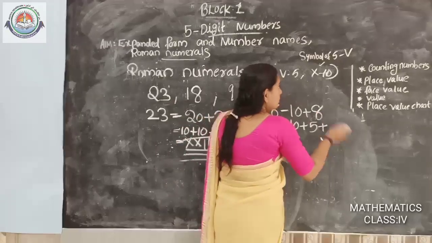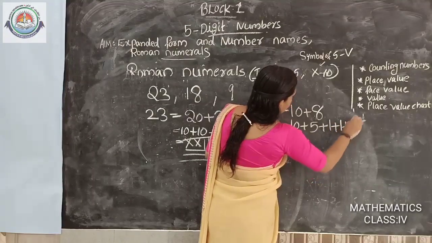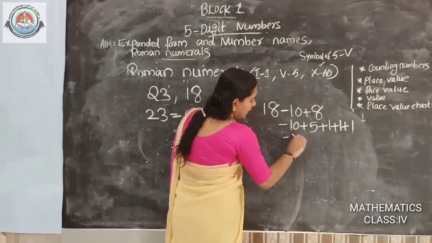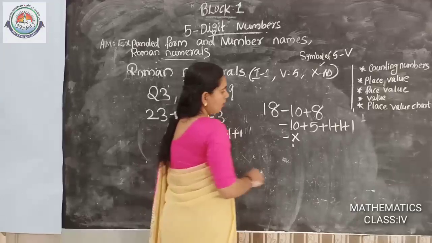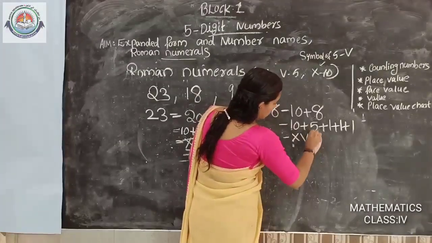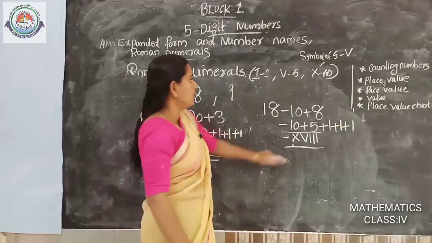Here there is no 3, so we will be using ones. So what is the symbol of 10? This. Symbol of 5. 1, 1, 1. The symbol of 18 is this.